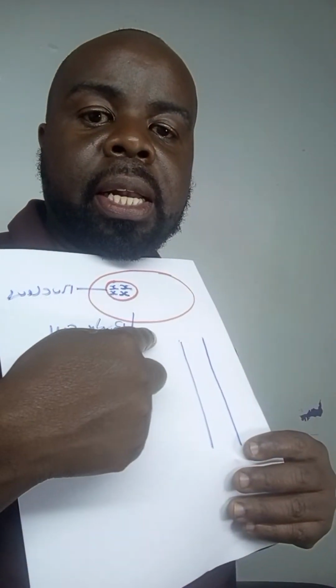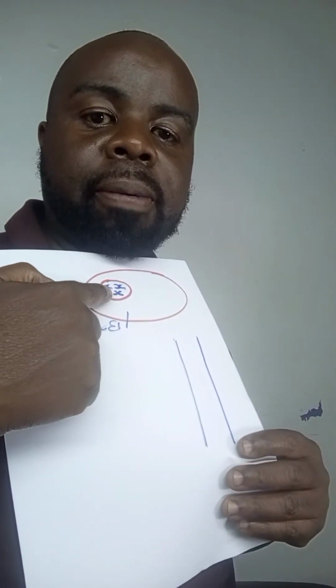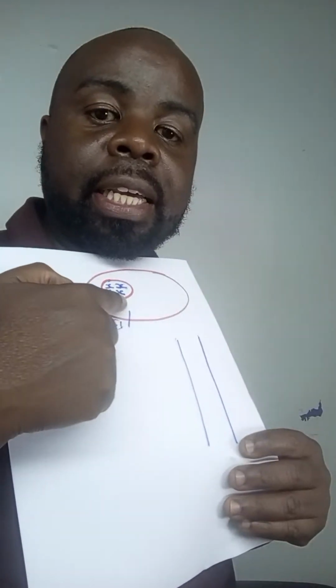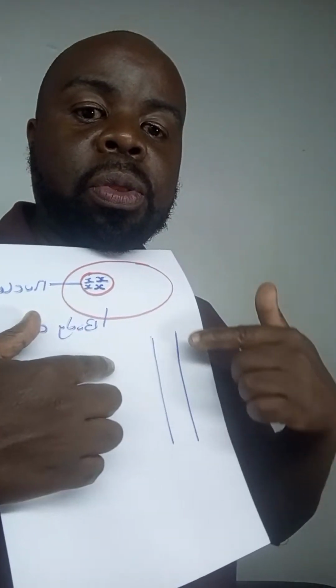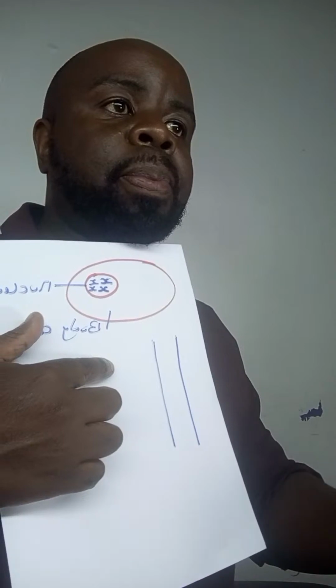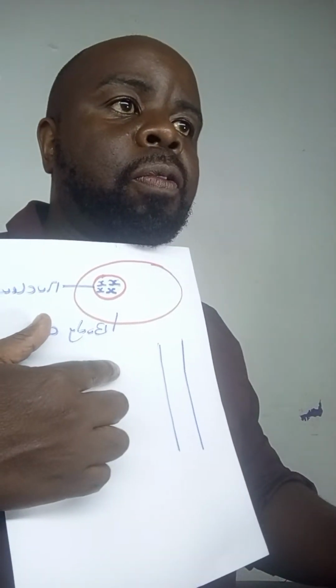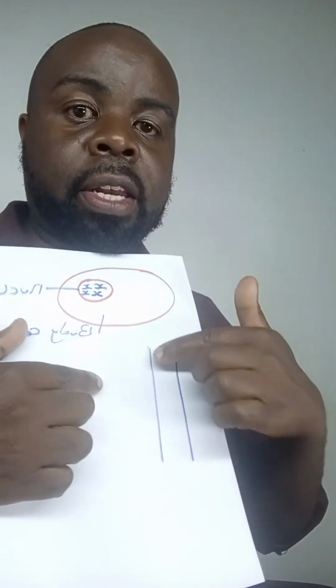So this is a cell, and you have these X things here. So this is a double strand, a sugar phosphate. On this sugar phosphate there are nucleotides, the bases.